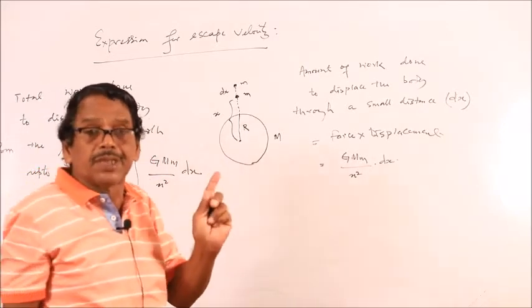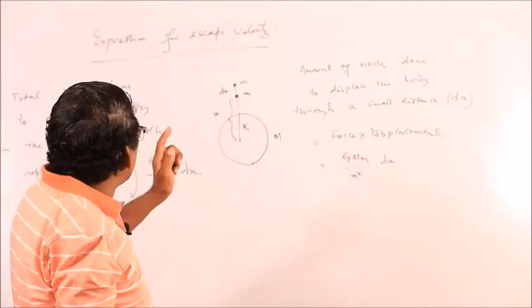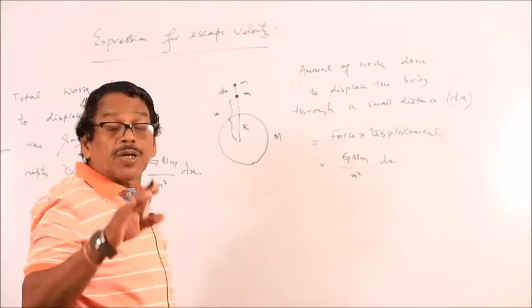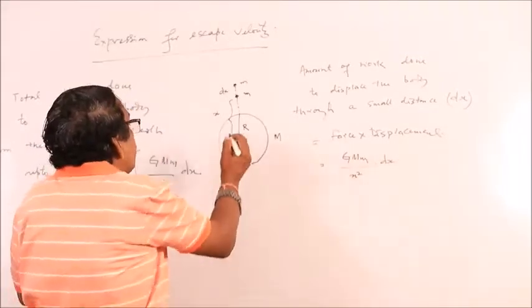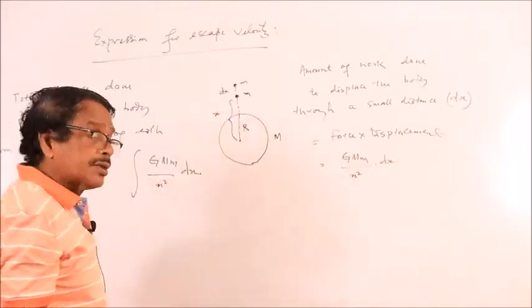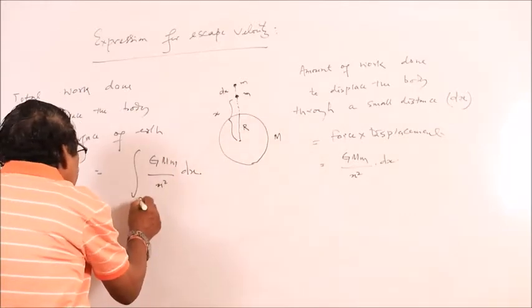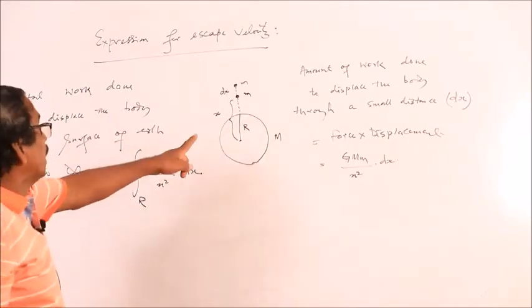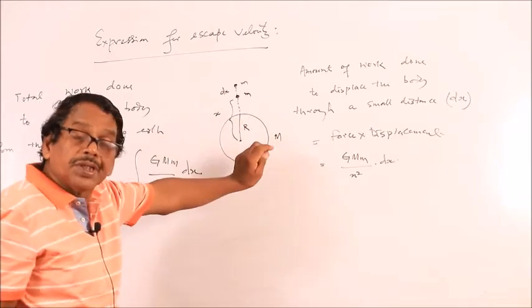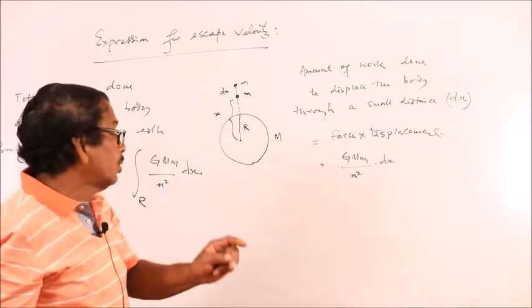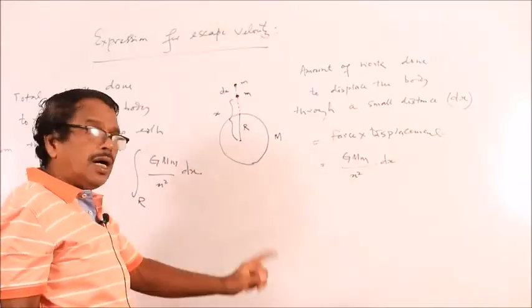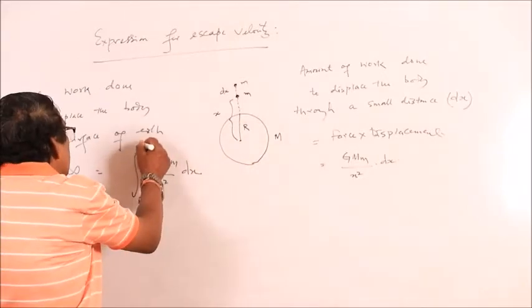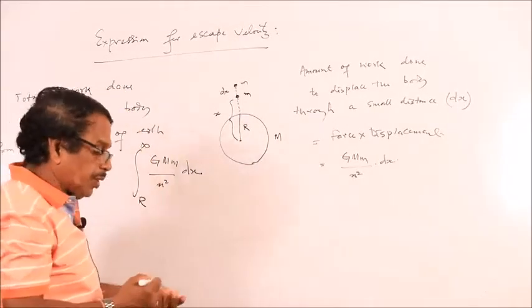What are the limits of integration? Because the body is to be displaced not from the center but from the surface. So, on the surface of earth, what is the value of x? X is equal to R. X will start from R. The lower limit of x is R. And what is the upper limit? It will be displaced to infinity.